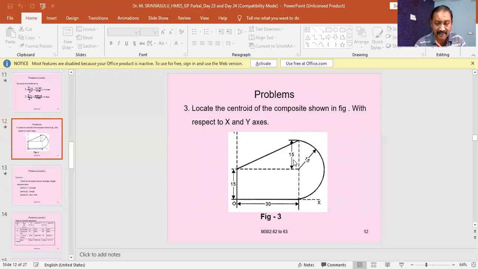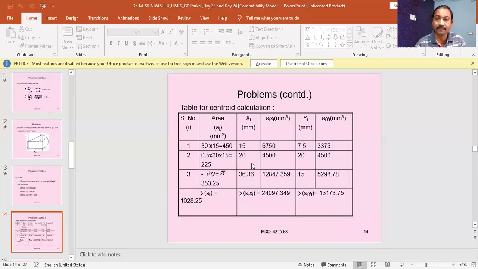So 15 by 3 becomes 5. So 15 plus 5 becoming 20. So y2 is equal to 20. Now the term a2 into y2. So that is 225 into 20. It is becoming 4500.